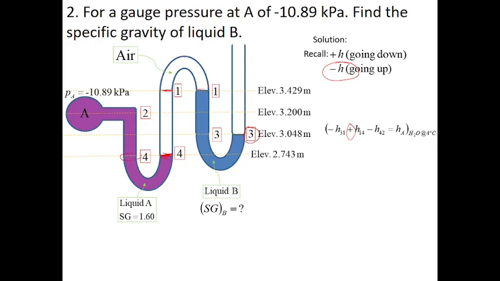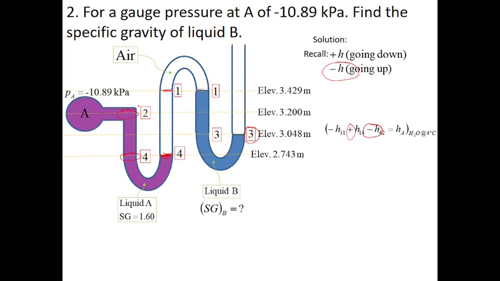So we have this level at point 4, from 4 to 2, going up. So there will now be a minus sign. Minus H42, from 4 to 2. And we stop there.